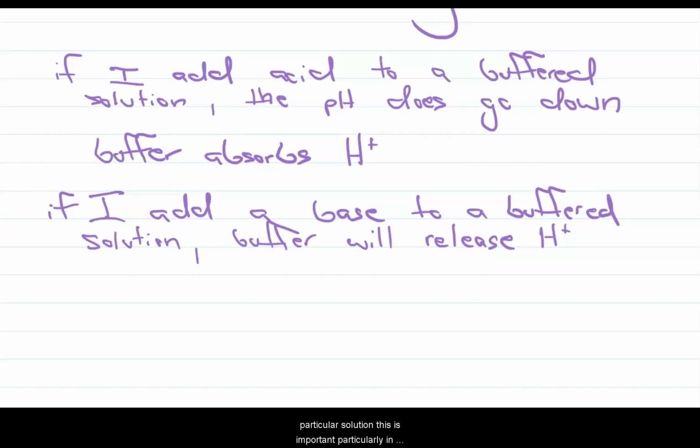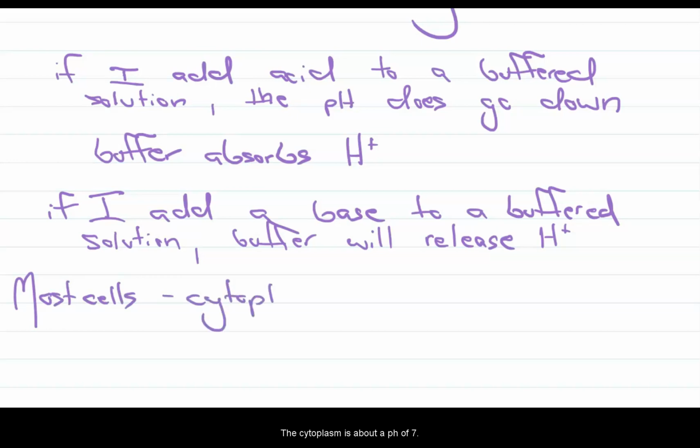This is important, particularly in biological systems, because a constant pH is necessary for cells to function. So most cells, the cytoplasm is about a pH of 7, about pH 7.2. And that's because biological molecules, their shape is influenced by pH.